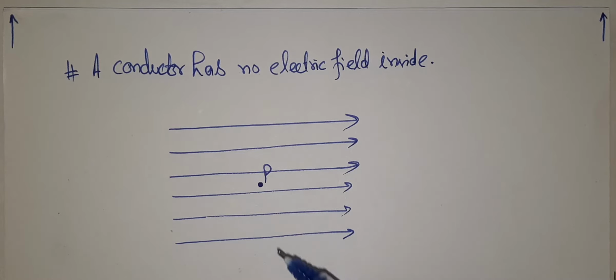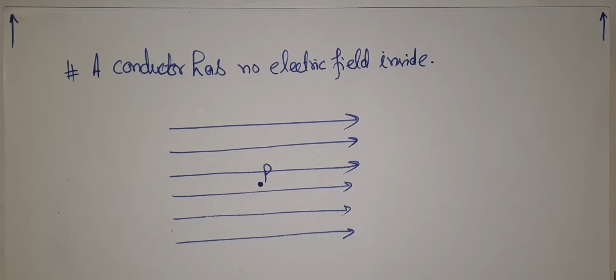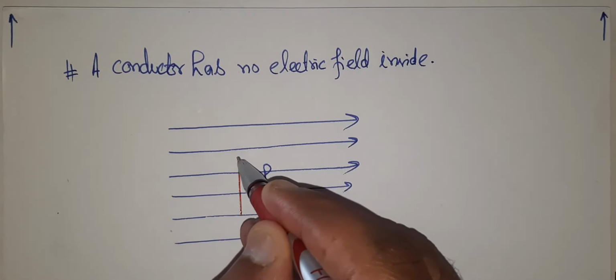ठीक, तो मैंने क्या किया? What I have done, I have taken a body, a hollow body made of conducting material, okay, and placed that particular body in such a way कि ये point उस body के अंदर आ जाए, like this.